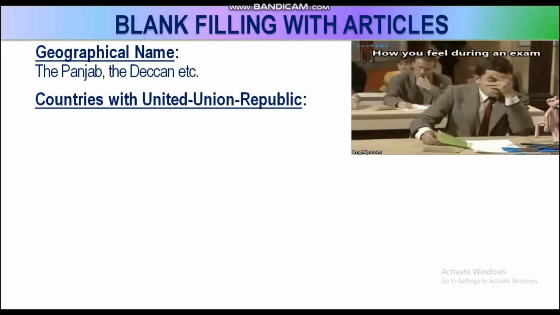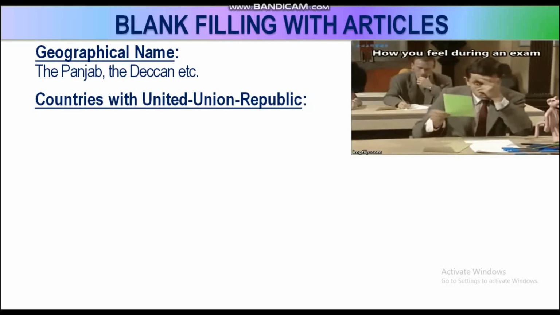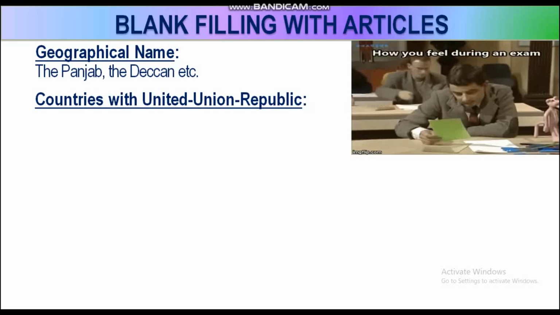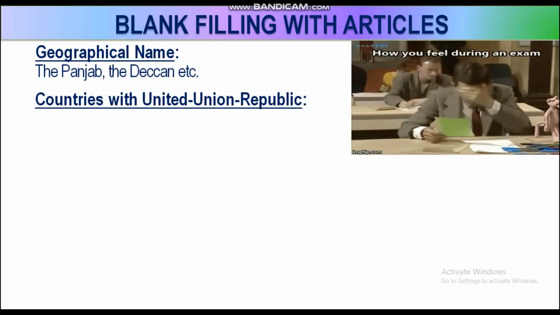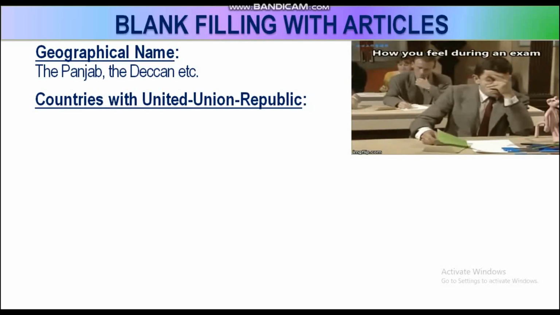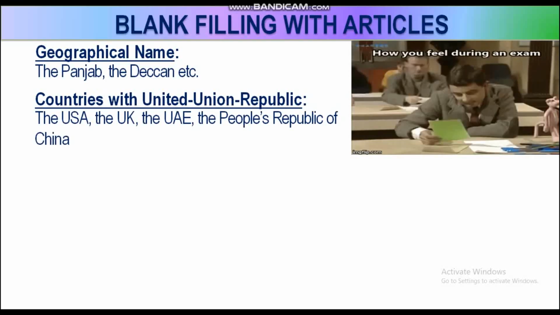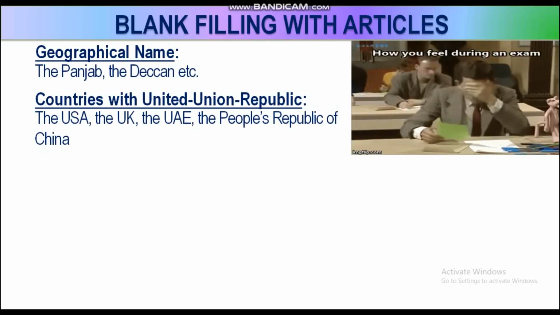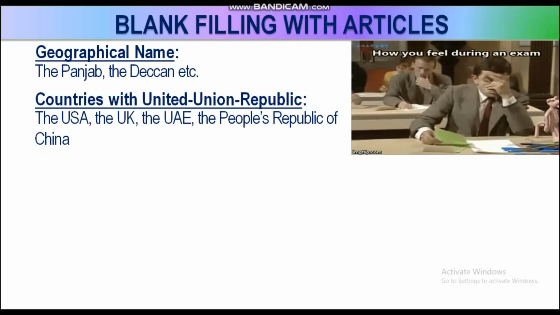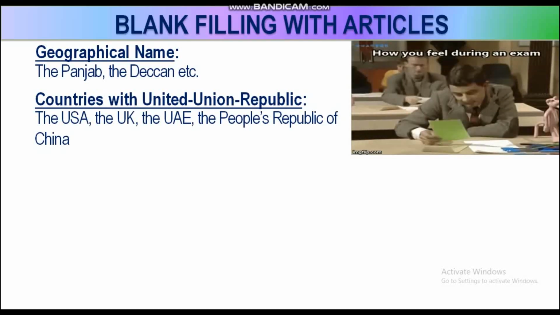That means if the word United, Union or Republic is found with any country, then article the is used before those countries. For example, the USA, that is the United States of America. The UK, that is the United Kingdom. The UAE, the People's Republic of China.